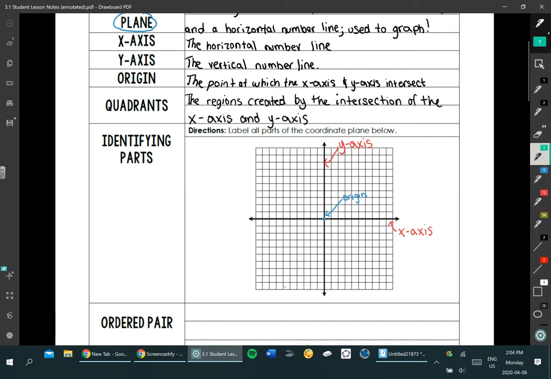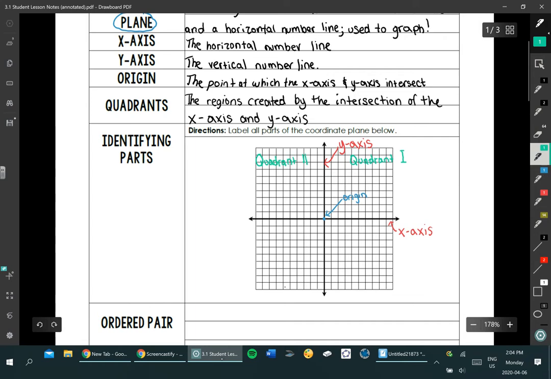So this quadrant here is called quadrant 1. And instead of writing the number 1, we use Roman numerals to denote quadrants. So I'm going to use capital I, which means Roman numeral 1. So this is quadrant 1, okay? Over here we have quadrant 2.